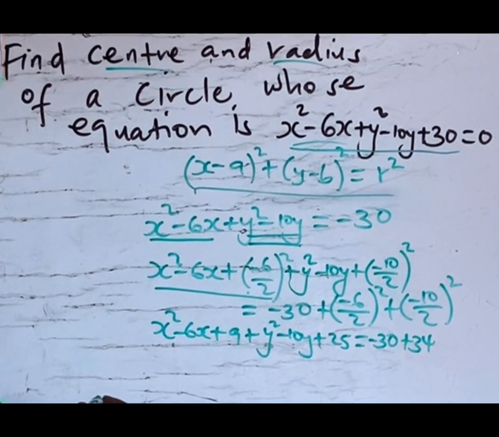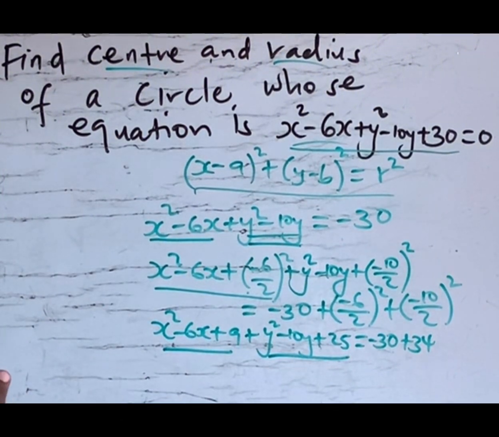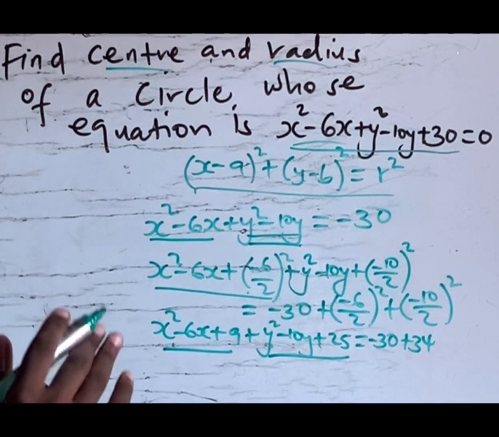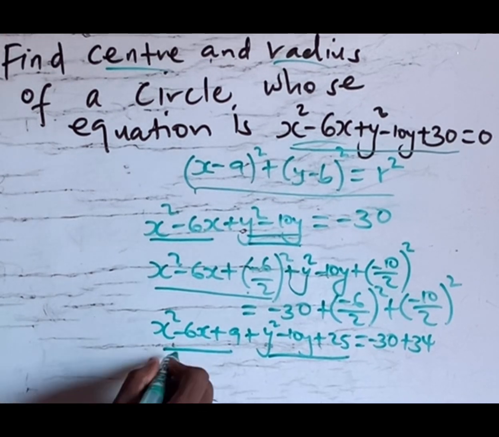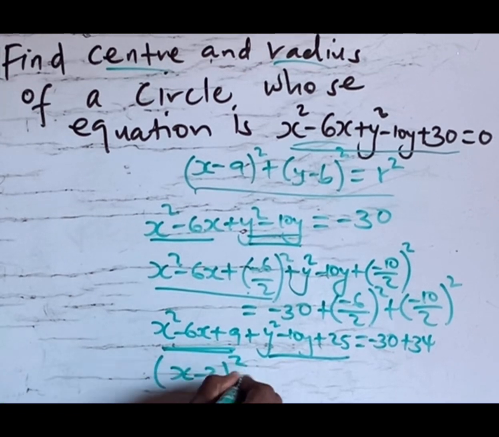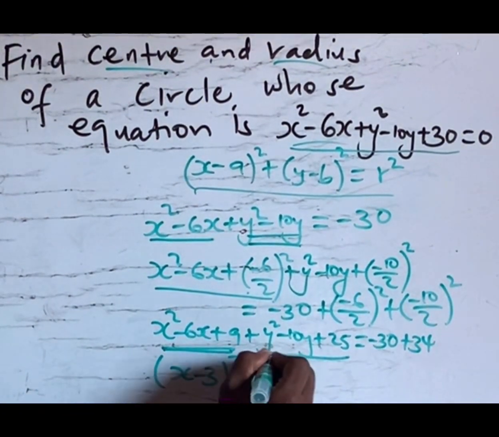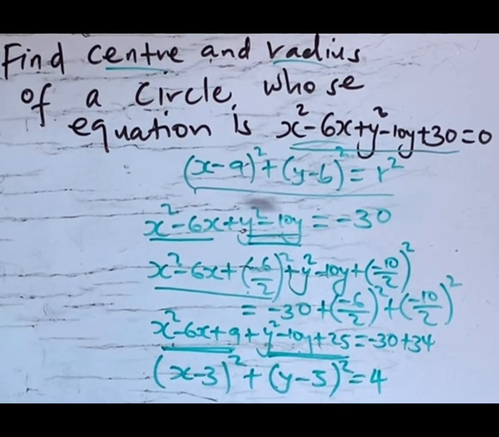Now we're going to simplify these two expressions, which are now complete, and use the factor method to simplify them. So when you factorize this, we get (x - 3)^2 + (y - 5)^2, which will equal 4.